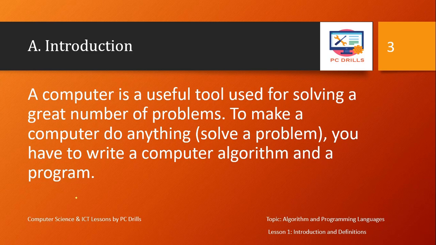So today, let's start with an introduction. Here we say a computer is a useful tool for solving a great number of problems. To make a computer do anything, you have to write a computer algorithm and a program. Generally, for a computer to execute anything, it simply means you are giving the computer instructions.